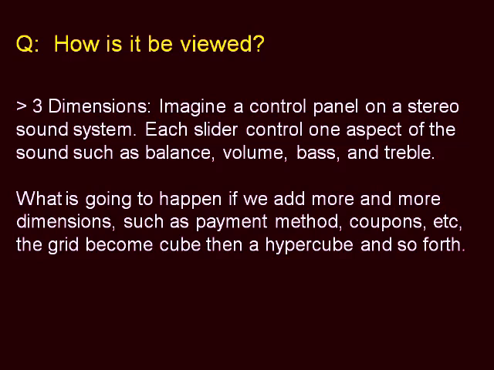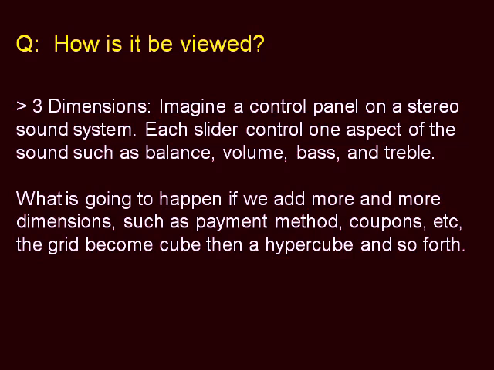Suppose you have one dimension, you can view the data in a single row or a column. If you have two dimensions, like in our case location and products, it is a matrix or a table. If the number of dimensions is more than 3, imagination of a hypercube is quite difficult.